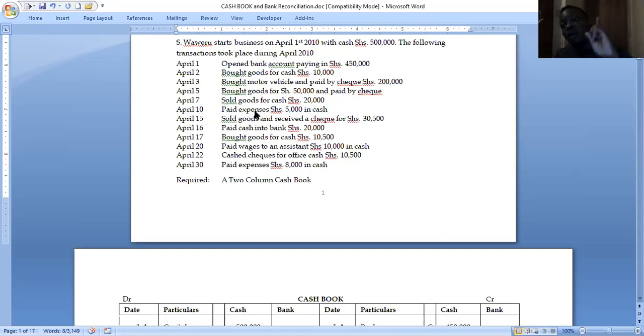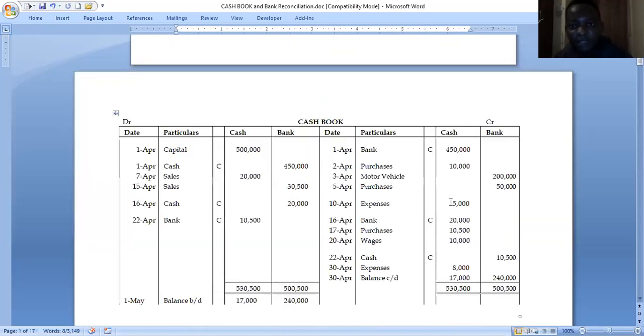So expenses are going up, cash is going down. So debit the expenses account because expenses will be debited whenever they increase, and then credit cash account because it's decreasing. Whenever an asset is decreasing, it's supposed to do what? Credit. So therefore, credit cash account. So in our two-column cash book, we credit cash account on April 10th by expenses, as highlighted there.